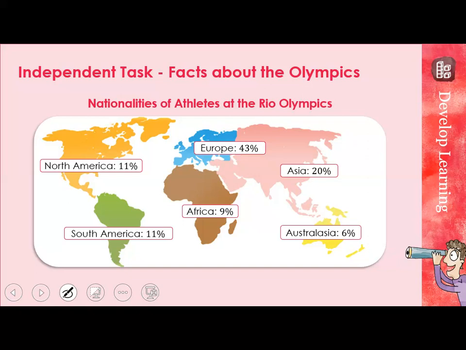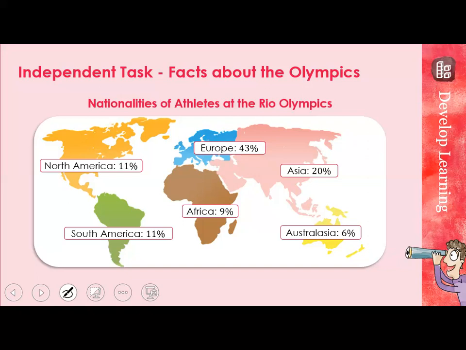Here, you can see a map. Now, this map shows the nationalities of athletes who competed in the Rio Olympics. So you can see that 11% of the athletes came from North America. That doesn't mean that there were 11 people from North America competing in the Olympics. Remember, these aren't numbers, these are percentages.